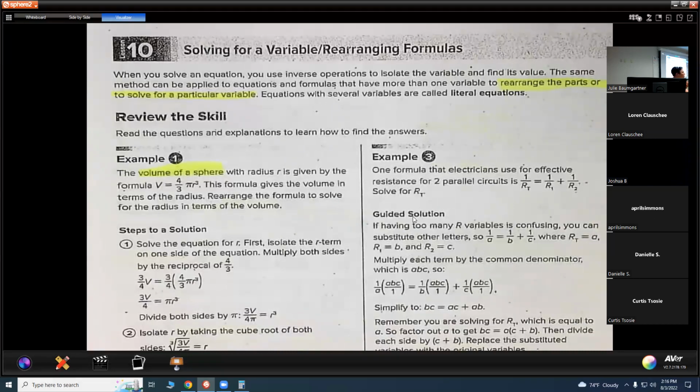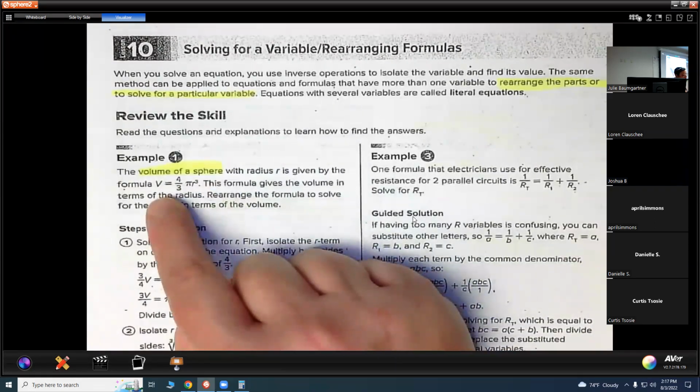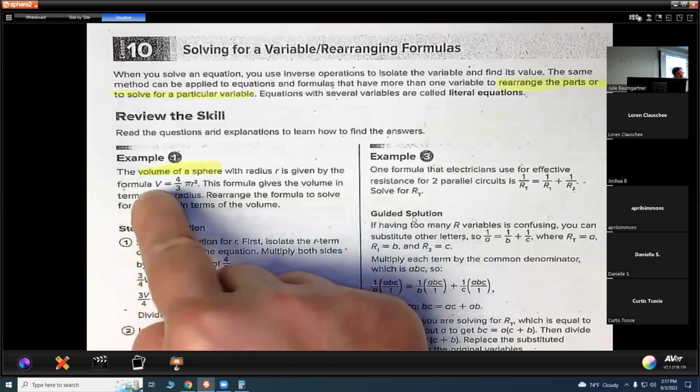So we can find the volume of cubes, cylinders, pyramids, spheres, boxes. For each type of three-dimensional shape, there's a specific formula that applies so you can calculate the volume.